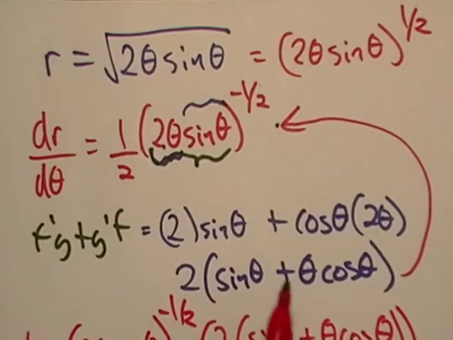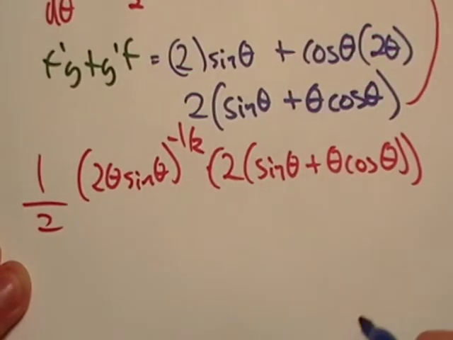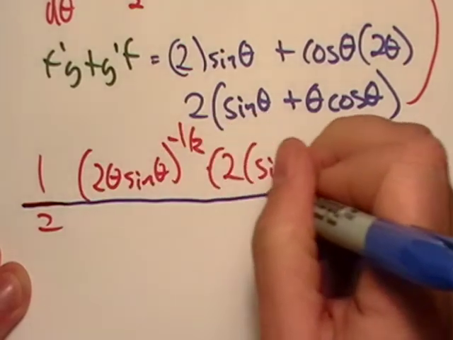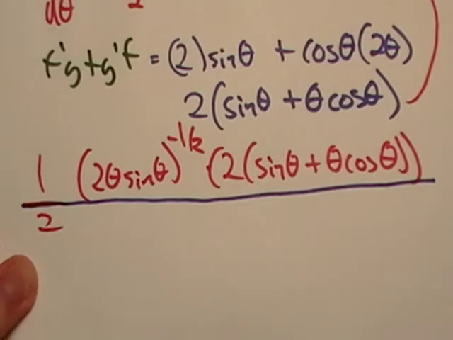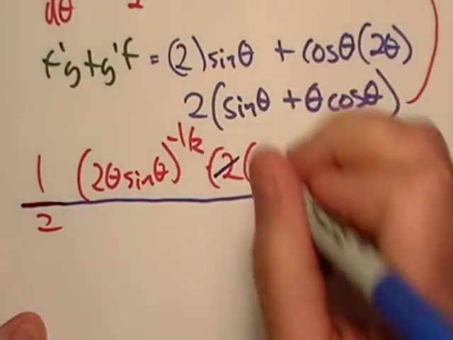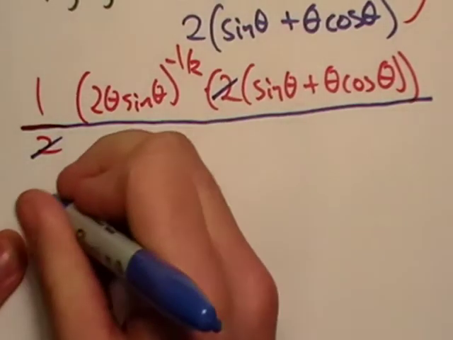That's all I did. I just took this right here and I just stuck it on the back end. Right away I notice, sometimes I just draw the whole fraction bar on these long ones just so I don't get confused. It might look weird, but it's a good tip. I know I have a 2 in the numerator and denominator, so those will cancel out.